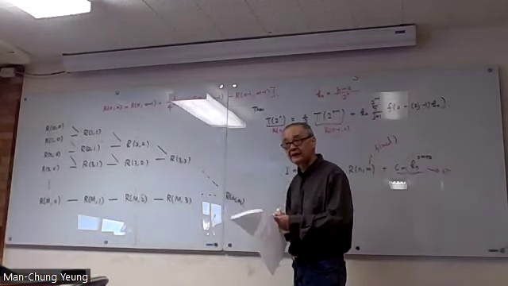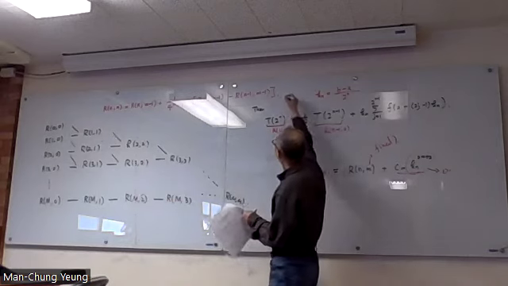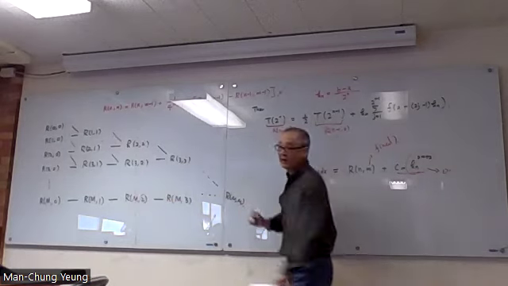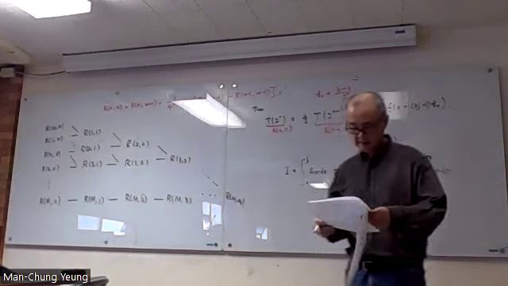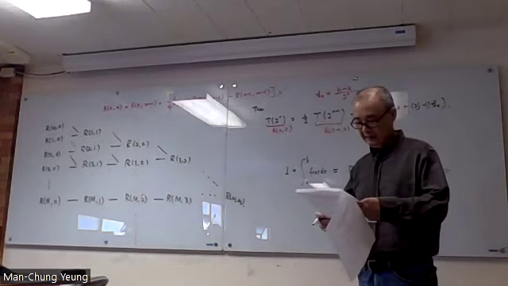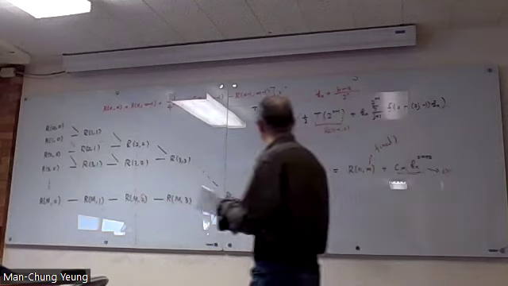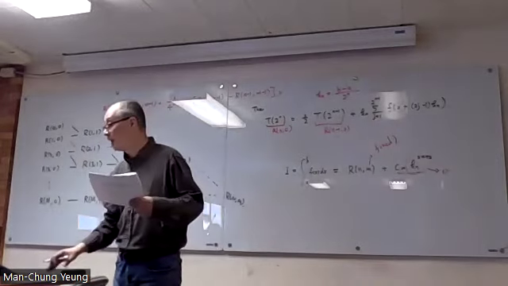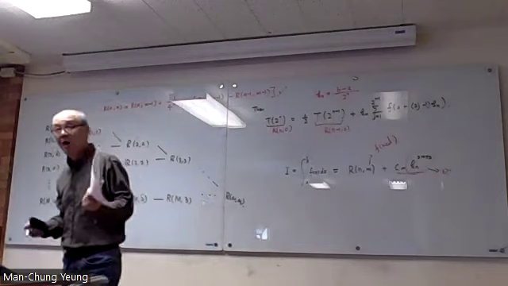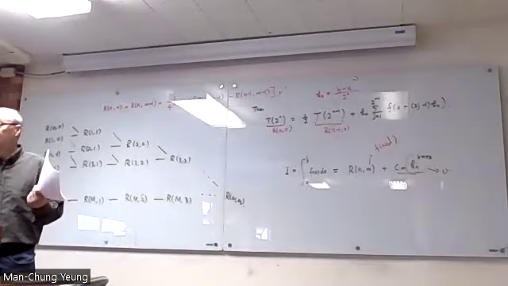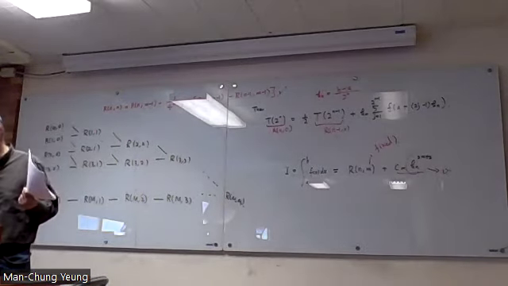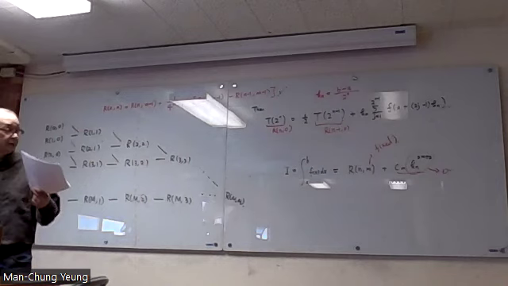Why do we have this formula? Theoretically, this theory only applies to the trapezoid rule. It doesn't apply to other quadrature rules.